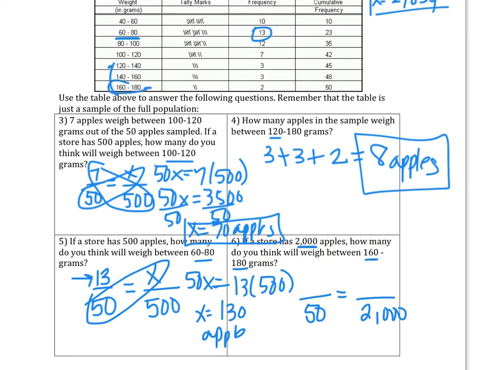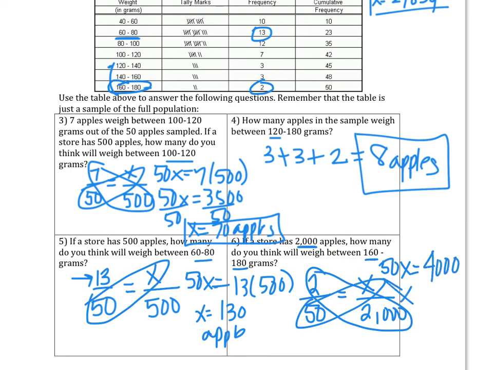That's this amount right here. So there were 2. So 2 out of the 50, and we're going to solve for how many apples that actually is out of the 2,000. So again, we're going to cross multiply, set up our equation, and we get 50x equals 4,000. And when we solve that, we get x equals 80 apples.